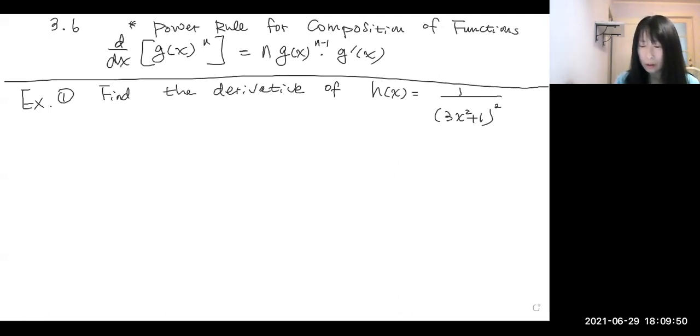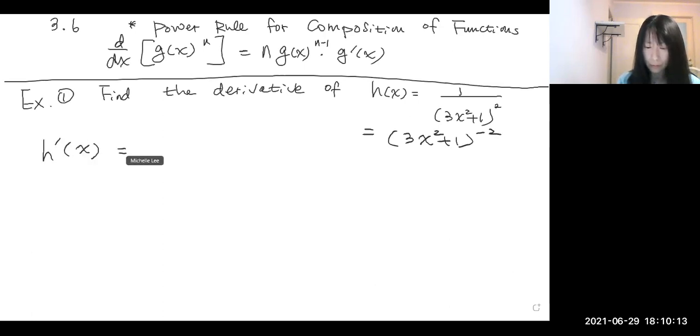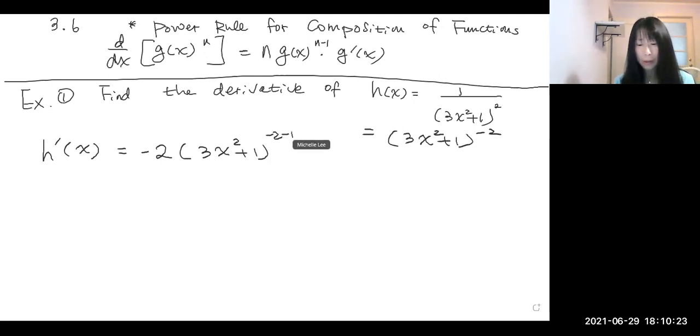So let us rewrite this one. It's (3x squared plus 1) to the negative 2. Now we're gonna use the power rule: we drop the power and reduce the power by 1. So let me just write down h prime of x this way.